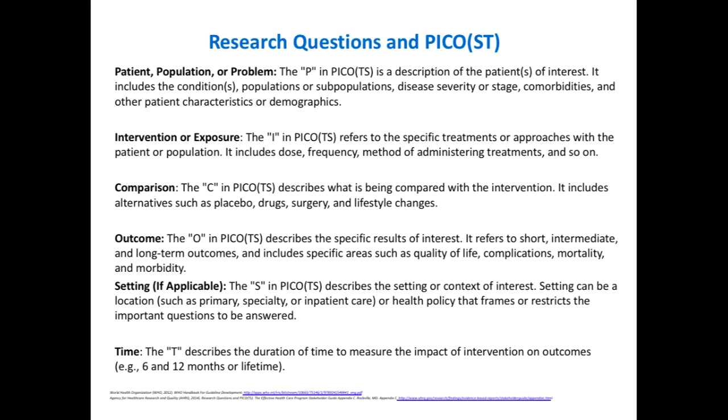For example, we can determine the outcomes in terms of both supply and demand side. In terms of supply side, you can determine the availability of the healthcare resources, such as the number of physicians or hospital beds available per 1,000 patients.